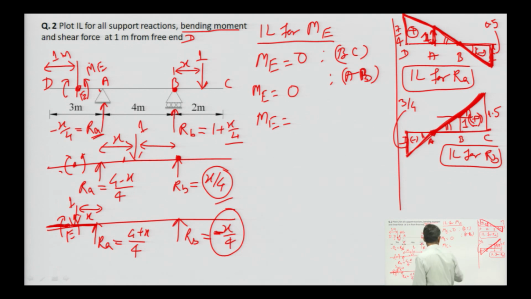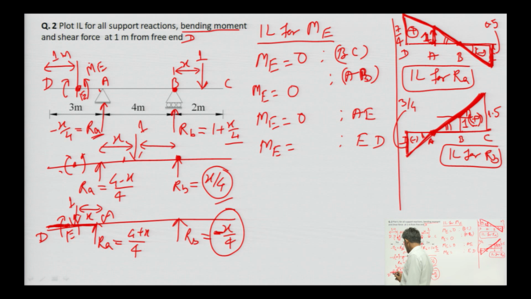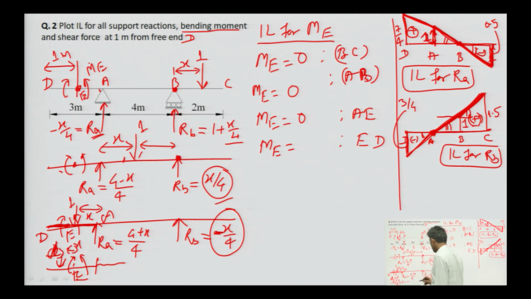So, for the AE region bending moment will be 0, and for E, this one is point D. For the ED region, if the point load is here, and this point is E, then with the point load at x distance, how much will the bending moment be? Bending moment at this point will be 1 into x with minus sign.